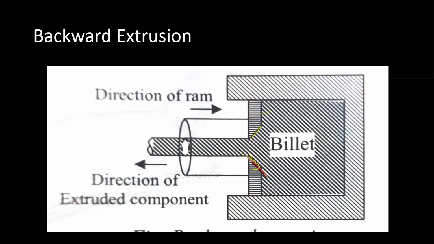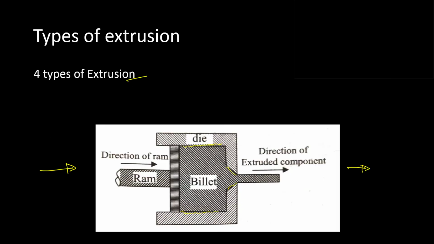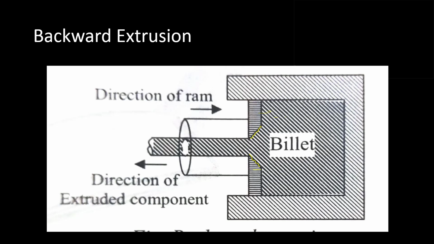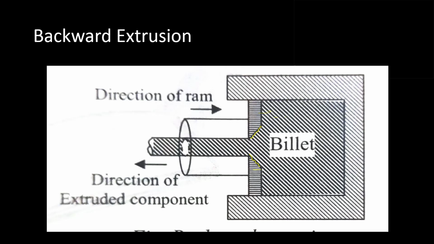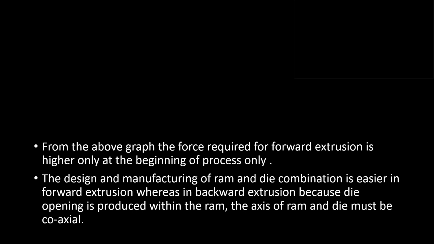In forward extrusion there is no such problem. You can put this hole here or here, there is no problem. But in backward extrusion, it has to be centrally aligned, right? That is the only disadvantage of backward extrusion. But because it is useful for brittle material, that is okay, we can go for it.